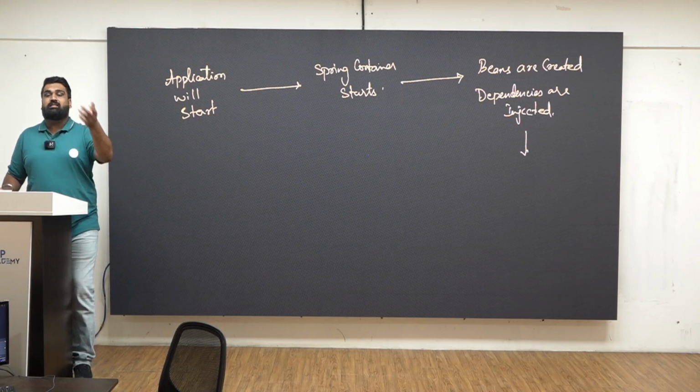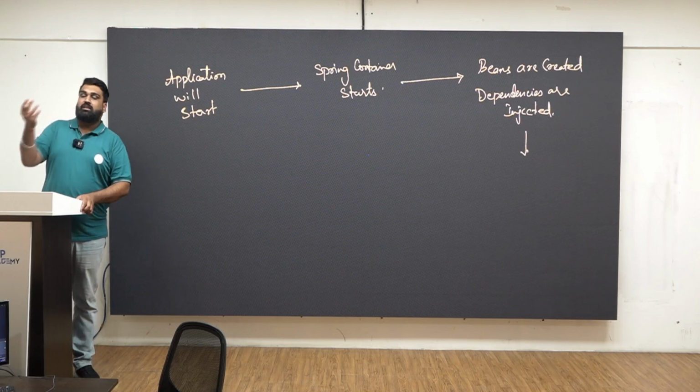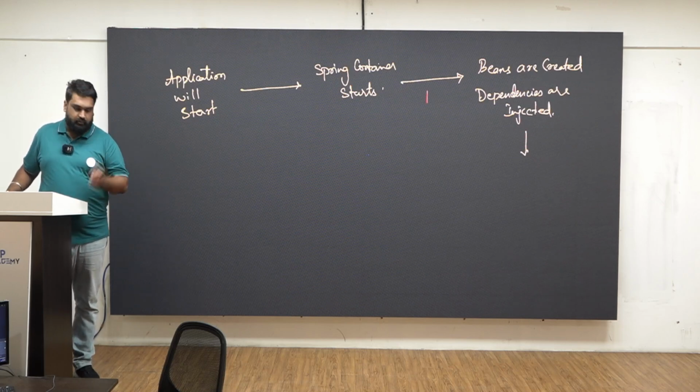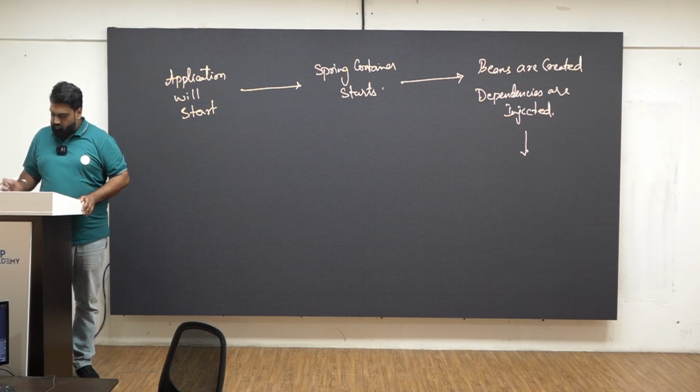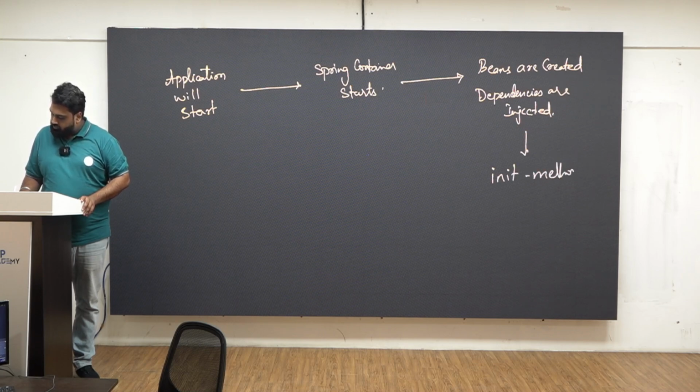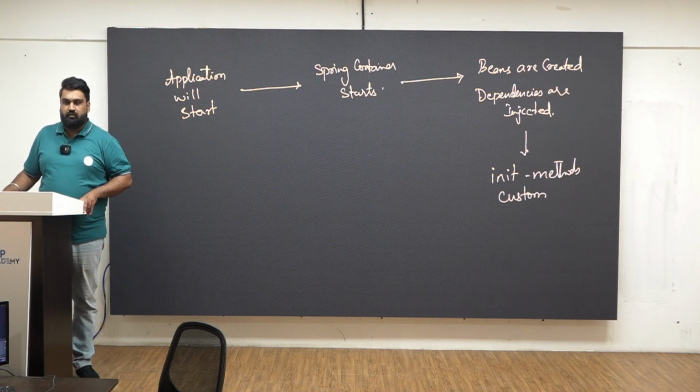Before you can execute your bean, if you have any init methods, as soon as the bean is generated, if you want to do some processing, you can write such methods as init methods. These are custom methods, which means you write them.